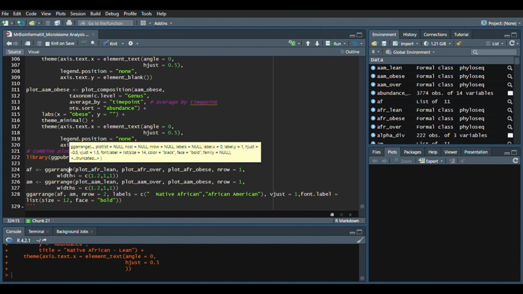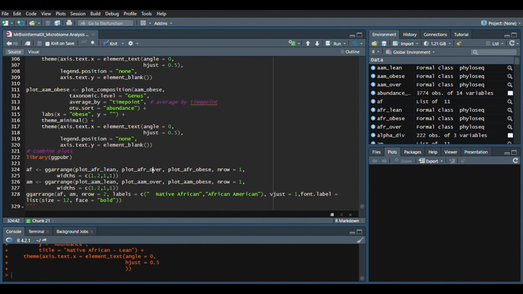We make ggarrange, plot African lean, plot African overweight, obese, and we make another one for African American, and we put the widths. And then in ggarrange, we put here AF for the 3 plots of African, and AM for the 3 plots of African American, in row 2, labels, we put Native African and African American. So let's run our code.